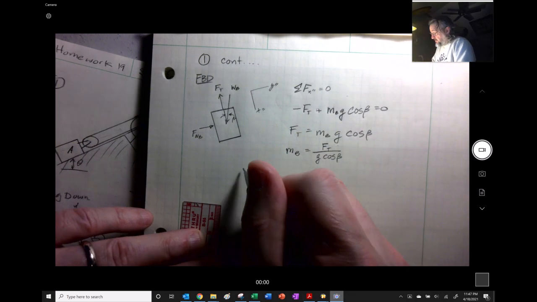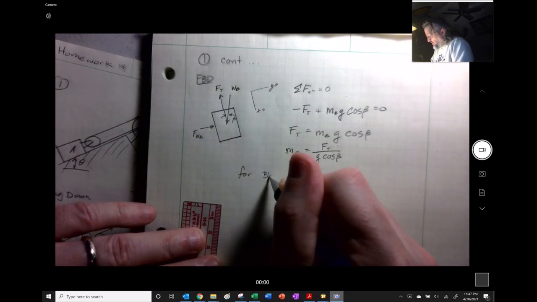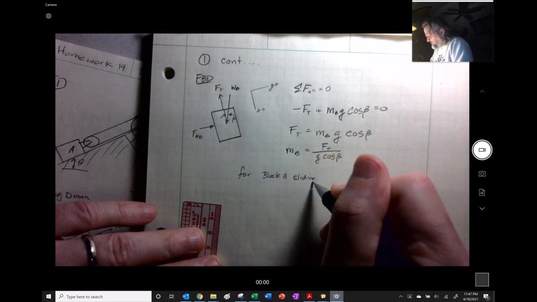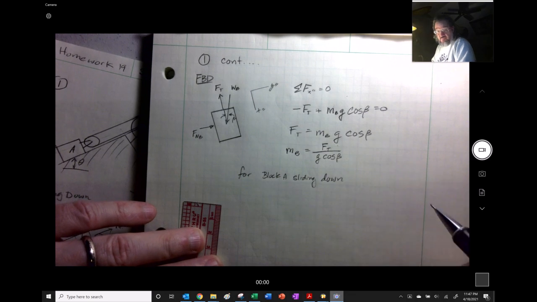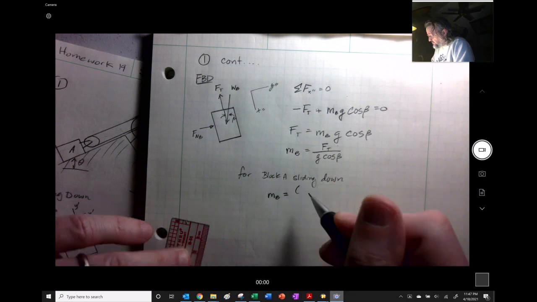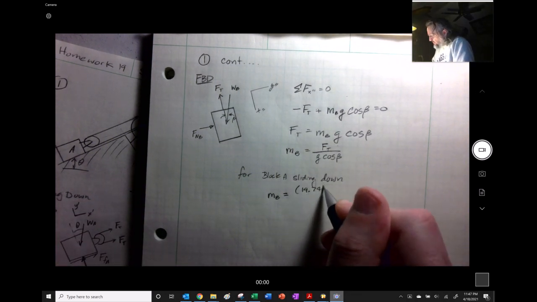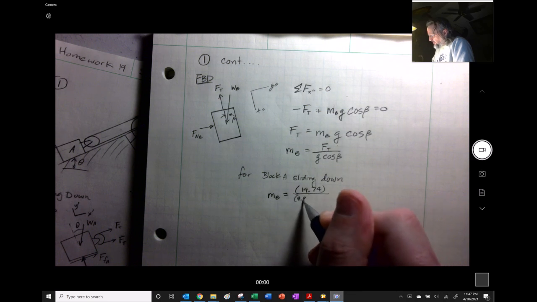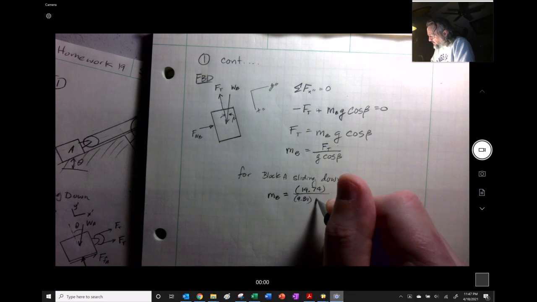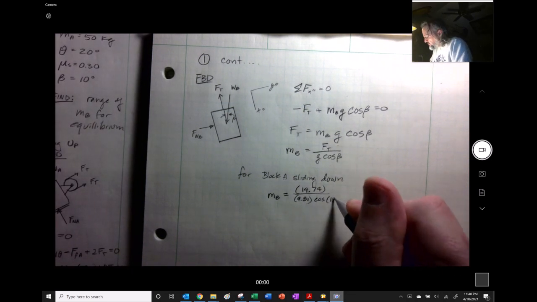All right, so for block A sliding down, or to prevent it from sliding down, mB is equal to 14.74 divided by 9.81. Notice that the 9.81s would eventually have canceled out anyway. That's right. And then we have the cosine of 10 degrees.